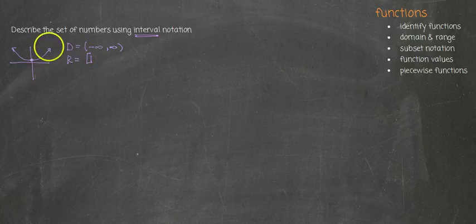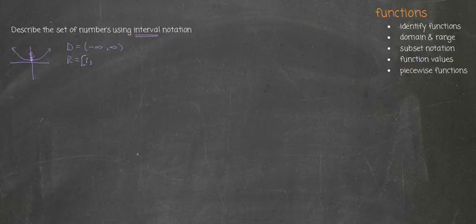The y-intercept for this graph is at 1, so we use a bracket to show that 1 is included. And then all y values, integers, rationals, irrationals, all real y values on that number line above 1 are included in the interval all the way up to infinity.